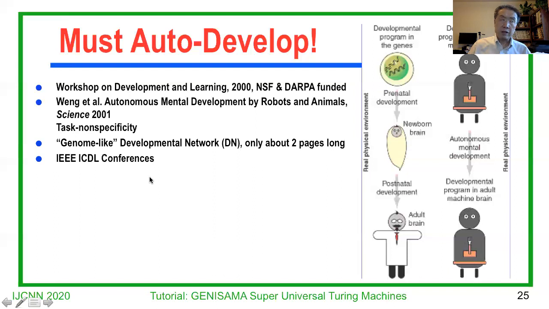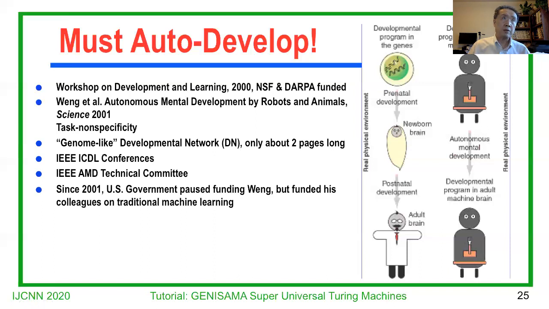So we have the ICDL conference, International Conference on Development and Learning, then we have AMD technical committees, then we have other things like transactions. But very interestingly, as soon as we published in Science, the US government posed new funding to me, but they funded instead my colleagues in the field on traditional machine learning.